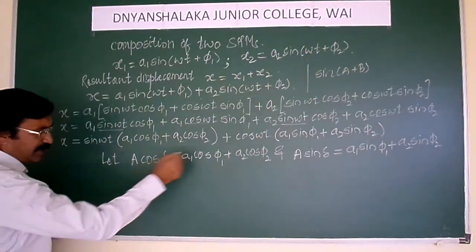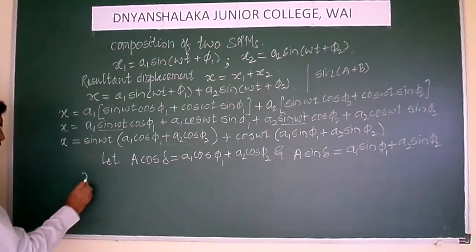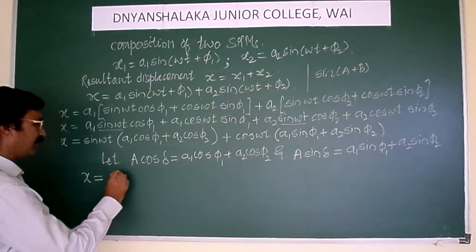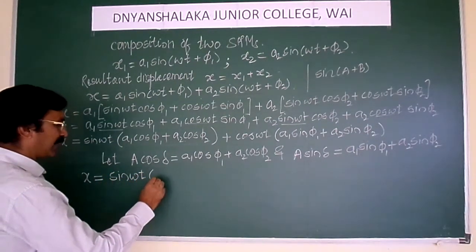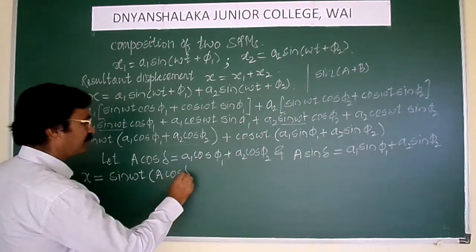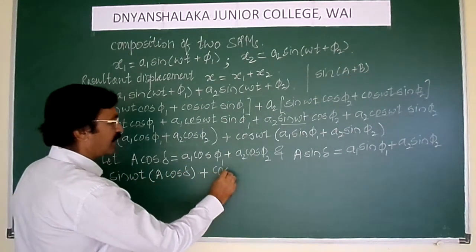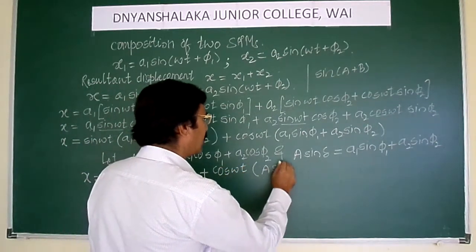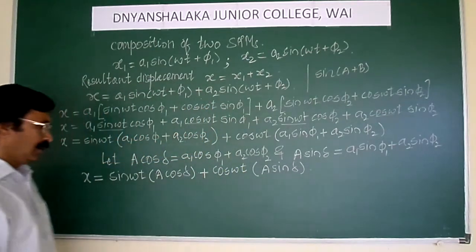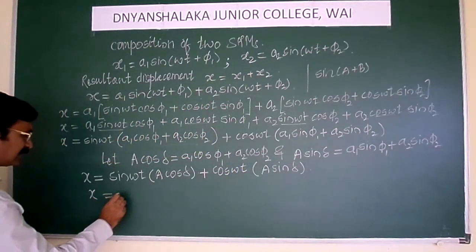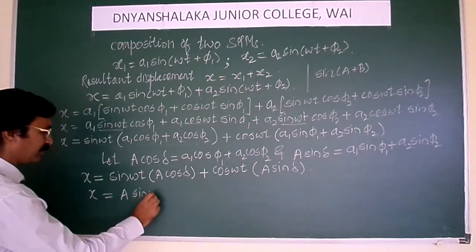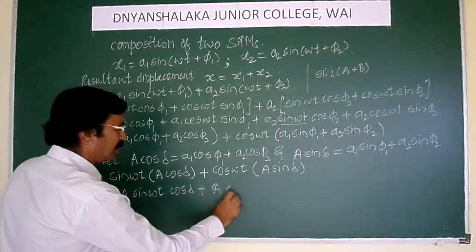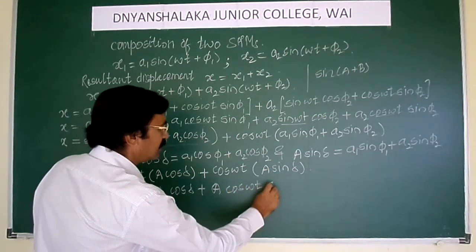So by substituting these values in this particular expression, we'll get the expression of resultant displacement as sin ωt (A cos δ) + cos ωt (A sin δ). Means this expression can be written as A sin ωt cos δ + A cos ωt sin δ.